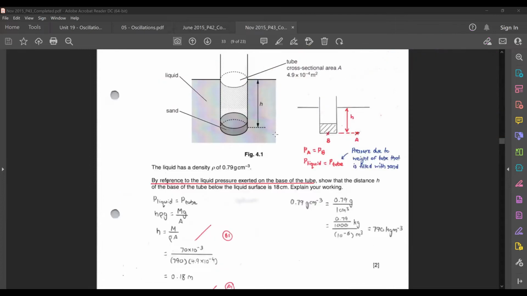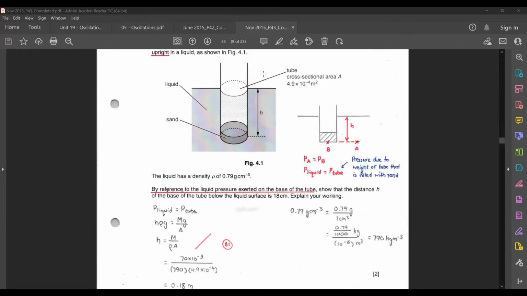So you look at your graph right now. They say it is a graph of h versus t. Your h is actually from here to here. So the thing here is that h is measured from liquid surface, not equilibrium. Because if I say this one is the equilibrium position, if the object was displaced and then released, the object will oscillate up and down.